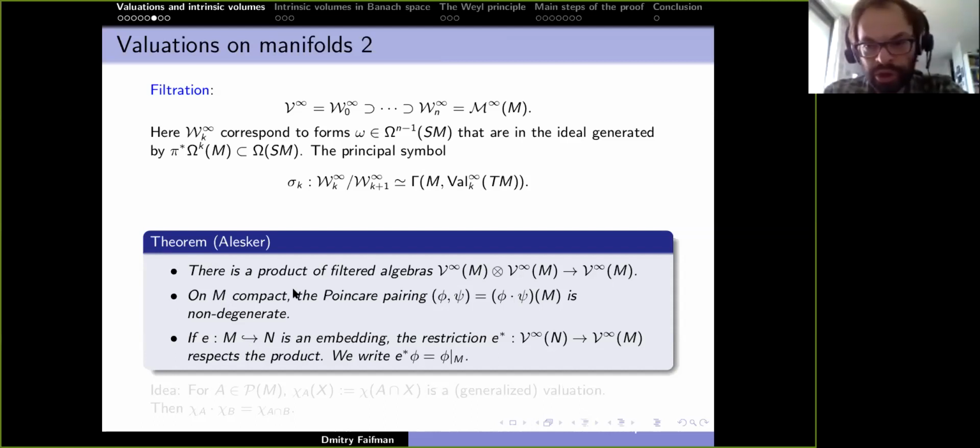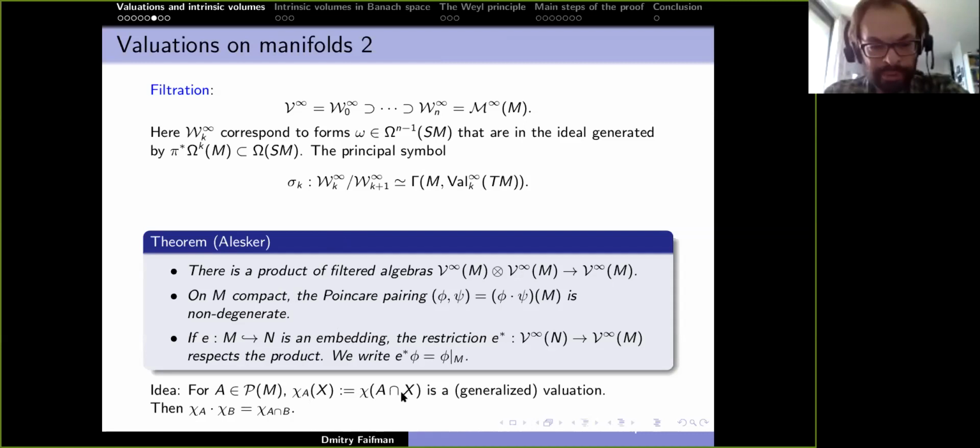Okay, and here again, let me indicate how to define this product. Consider some fixed set A, and consider this valuation chi A, which evaluates the Euler characteristic of the intersection with the set. That's not a smooth valuation, it's clearly somewhat discontinuous, but it's a valuation at the same time.